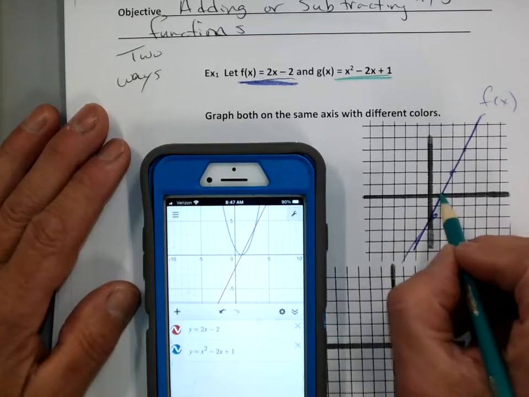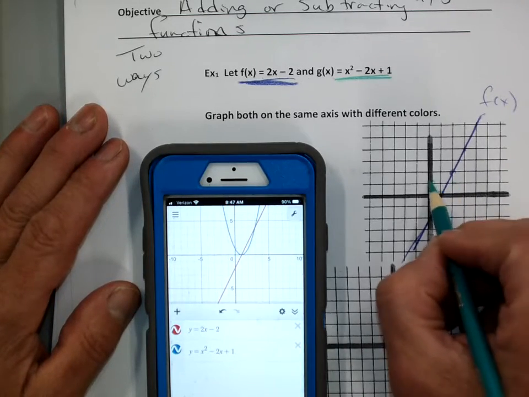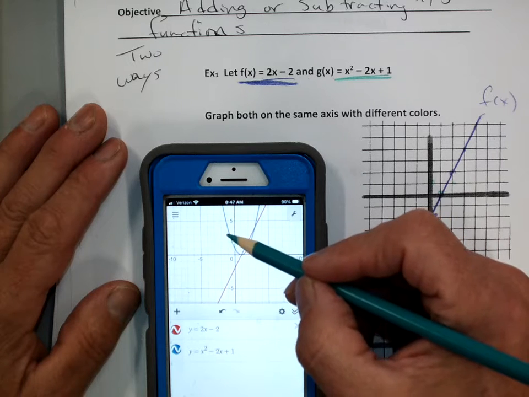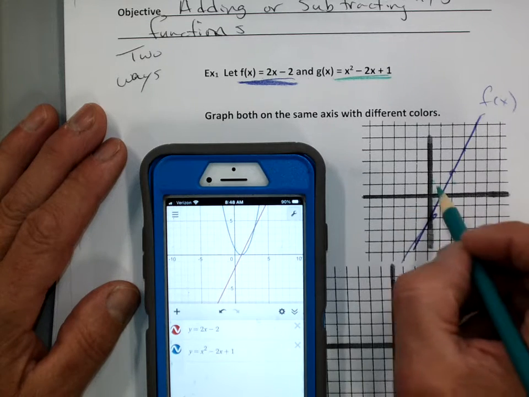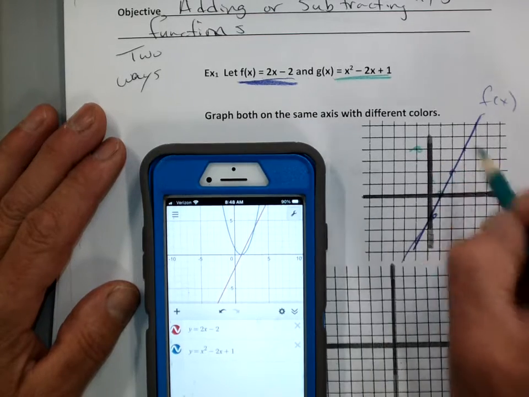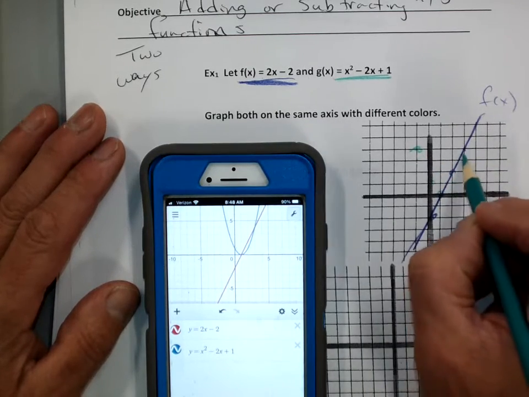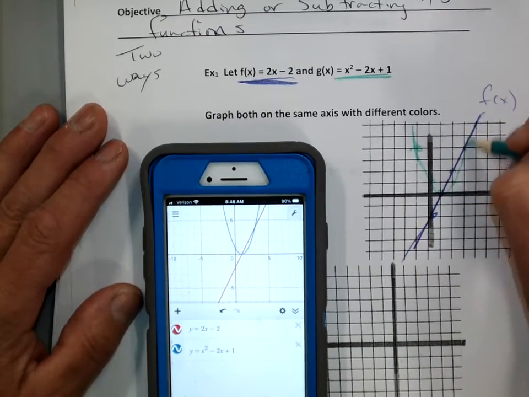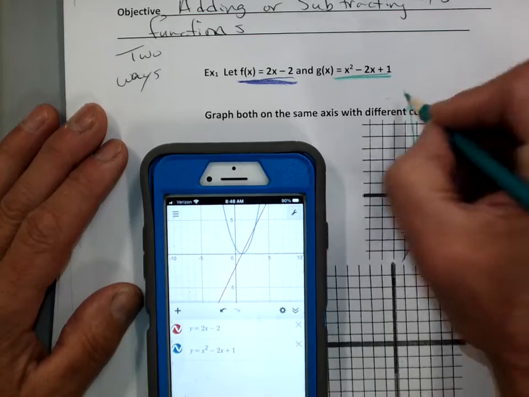It looks like it goes through 1, 2, 3, 4 here, and probably the same thing, 4 here. So it looks something like this, okay? I graphed them both. There they are, and that's g of x.